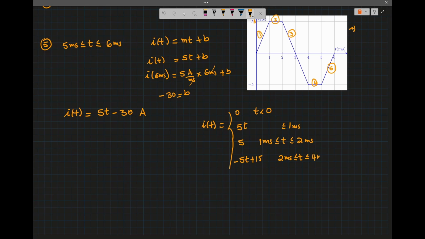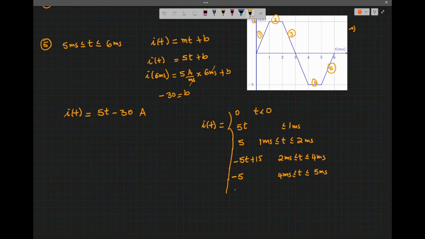And section 4 is minus 5 amps, where 4 milliseconds is less than or equal to t less than or equal to 5 milliseconds.